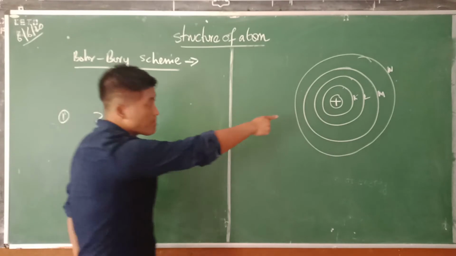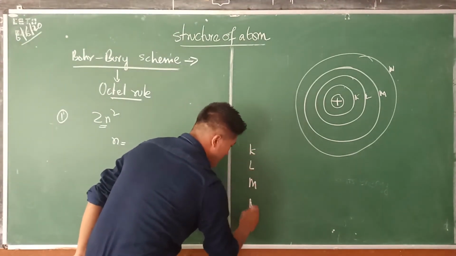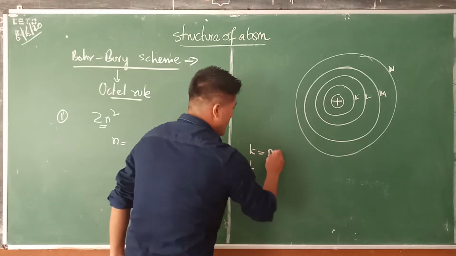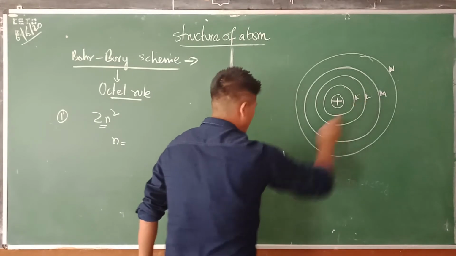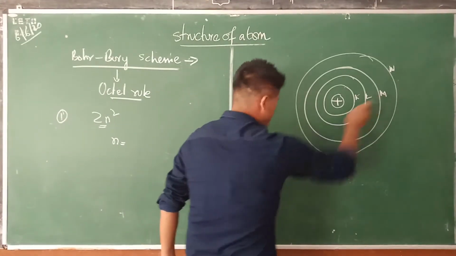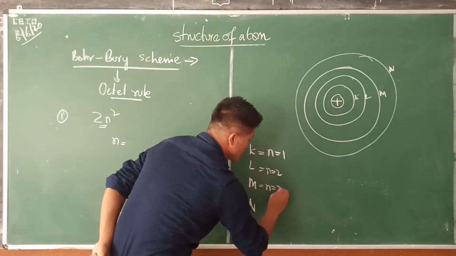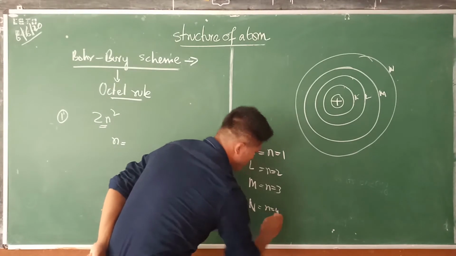K is n equal to 1, the first shell. L is the second shell, n equal to 2. M is the third shell, n equal to 3, and N is n equal to 4.